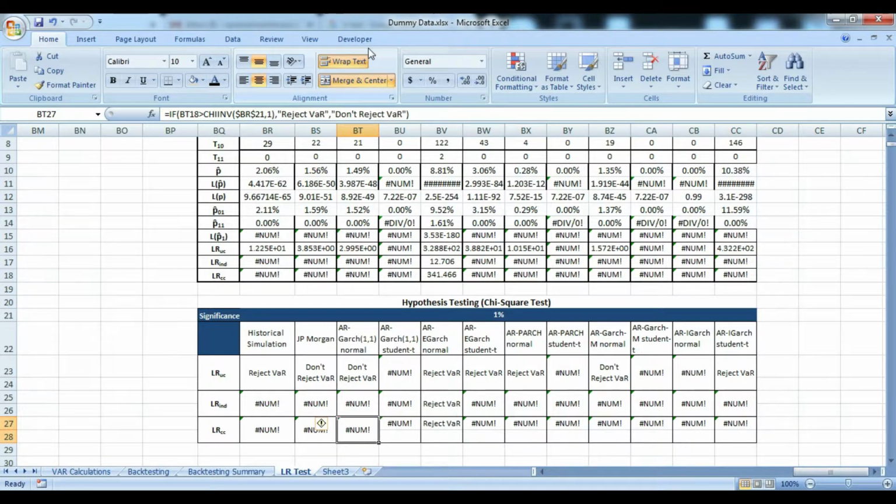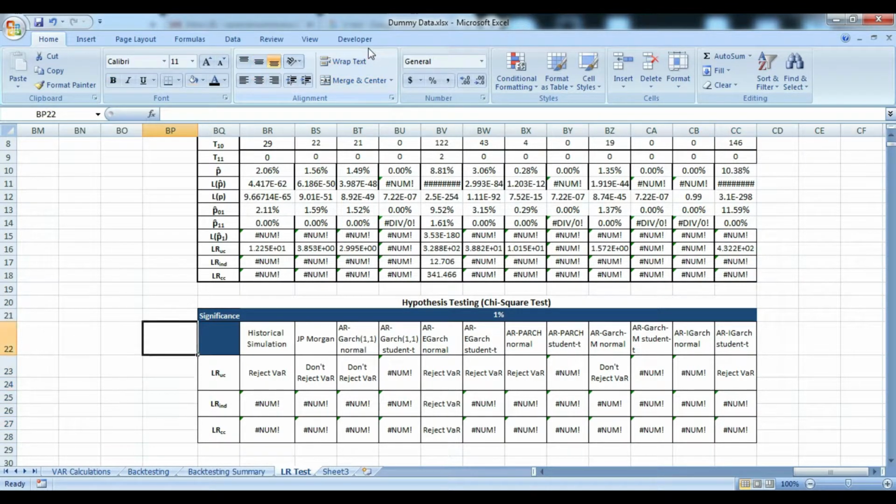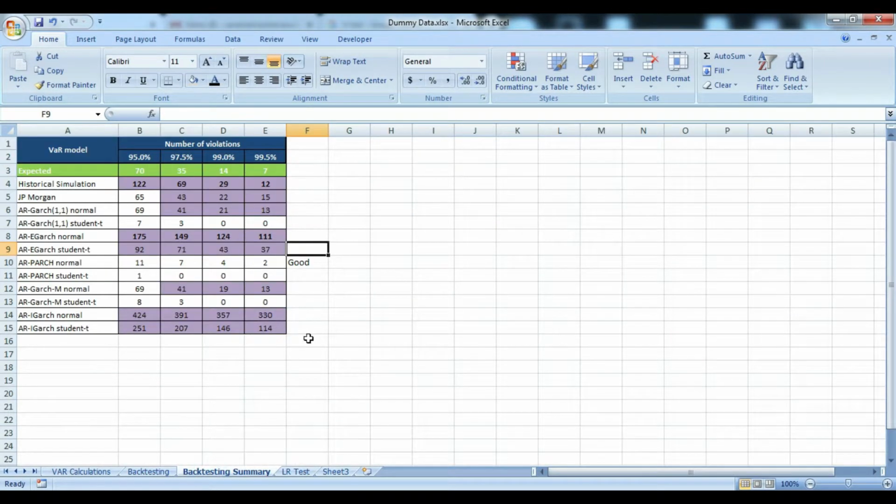So at all levels our VaR is getting rejected. I mean as per the likelihood ratio test, it is not supporting any of our methods. Not to worry, though, in our backtesting summary we have got the GARCH normal model as a go ahead.